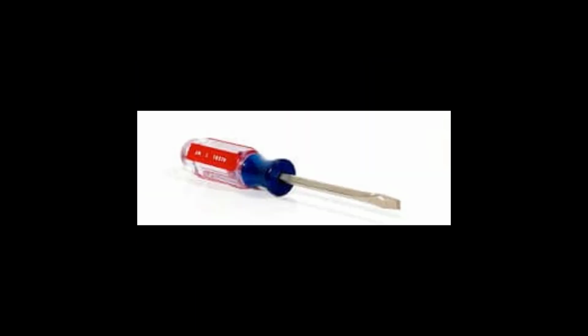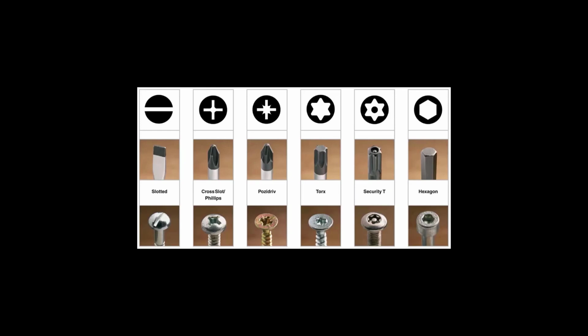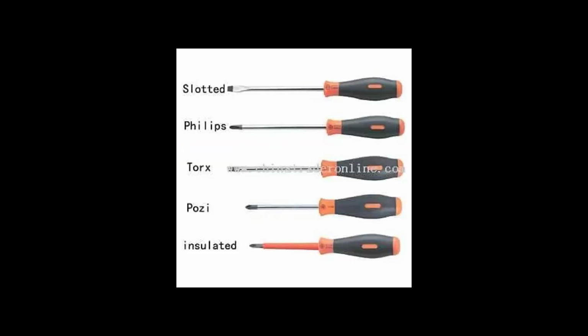Now we move on to screwdrivers. A screwdriver comes in many sizes and also with several tip shapes. They are used for loosening and tightening screws. Some examples of screwdrivers are a slotted head screwdriver and a Pozi screwdriver.